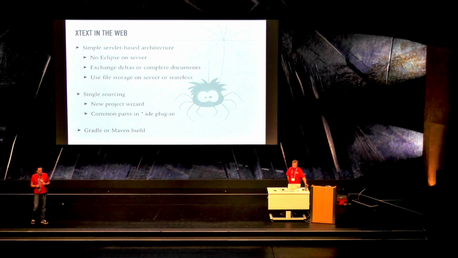A really great feature is single sourcing. There's a new wizard, and you set a couple of marks there. Holger will show that in a minute. And you just get, from the same grammar that you use for Eclipse plugins, the web tooling. And not only that, there are a couple of services you might want to customize in Eclipse, like content assist, hovers, whatever.